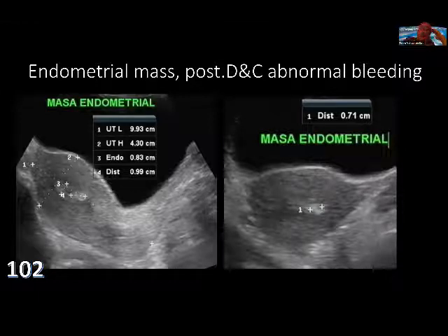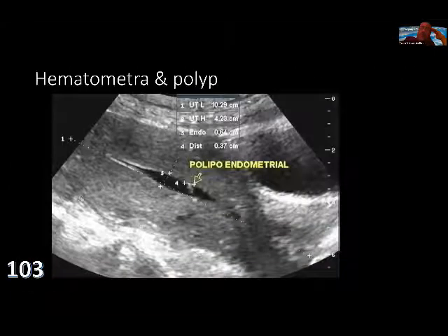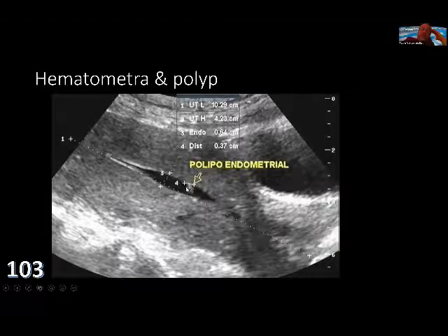Slow, and you can make small cuts and find things like this. The 3 millimeter endometrial polypoid formation depending on the anterior endometrial wall.